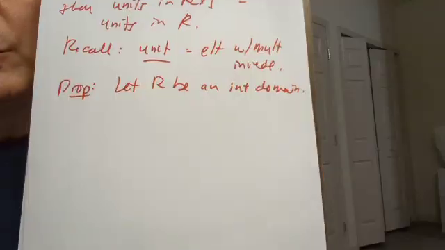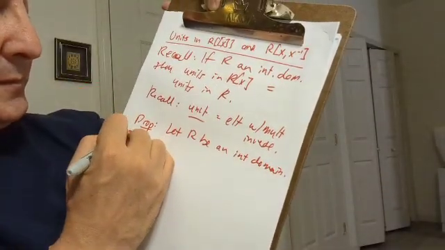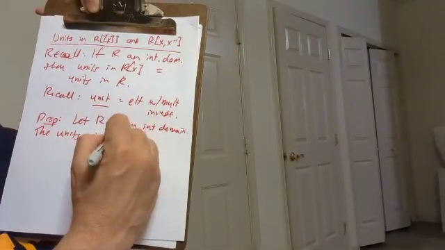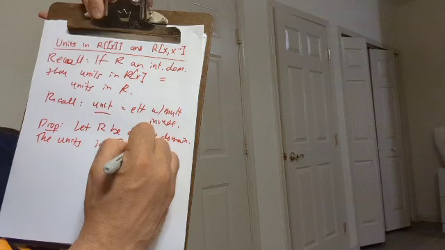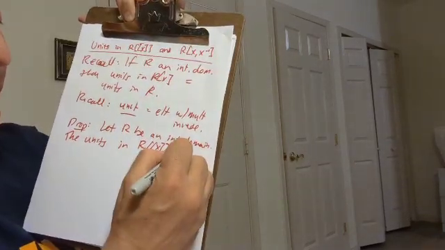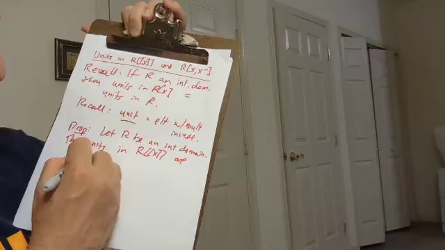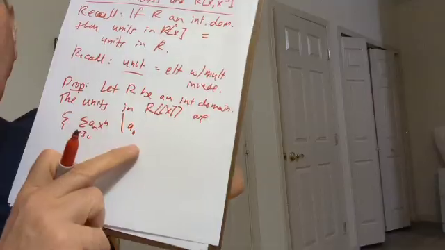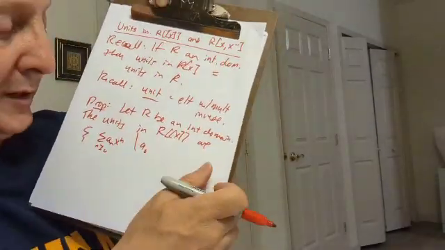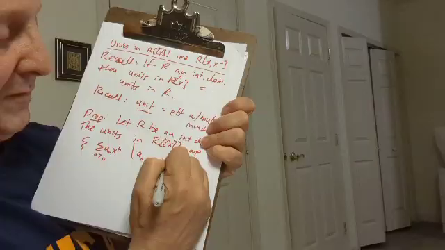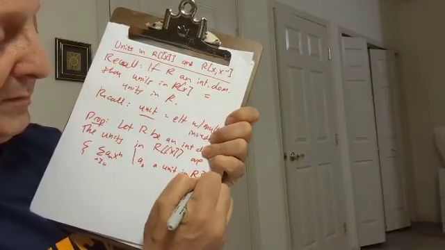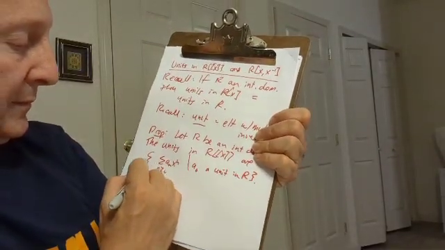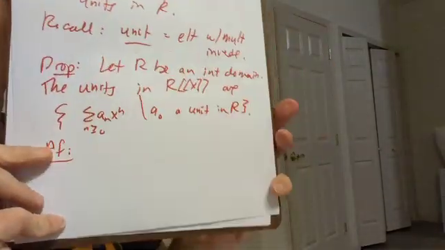So let's let R be an integral domain. The units in the ring of power series with coefficients in R are the set of all power series with constant term being a unit in R. All right, so we have a set equality here.